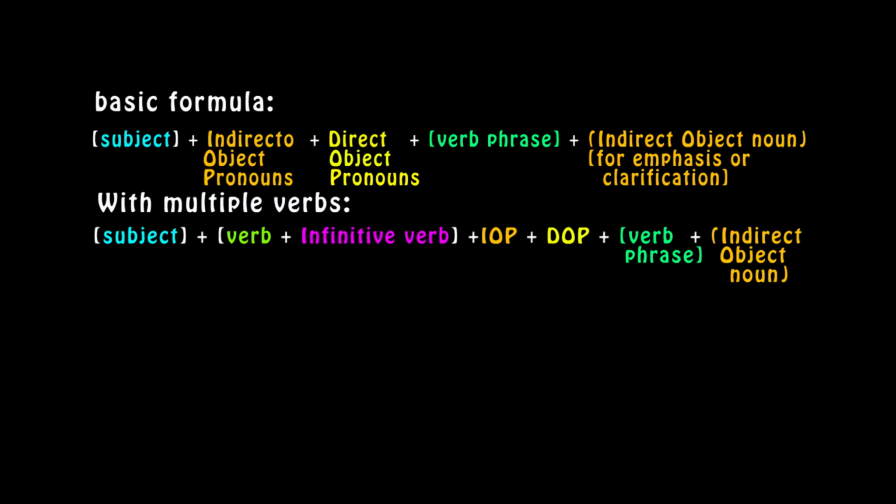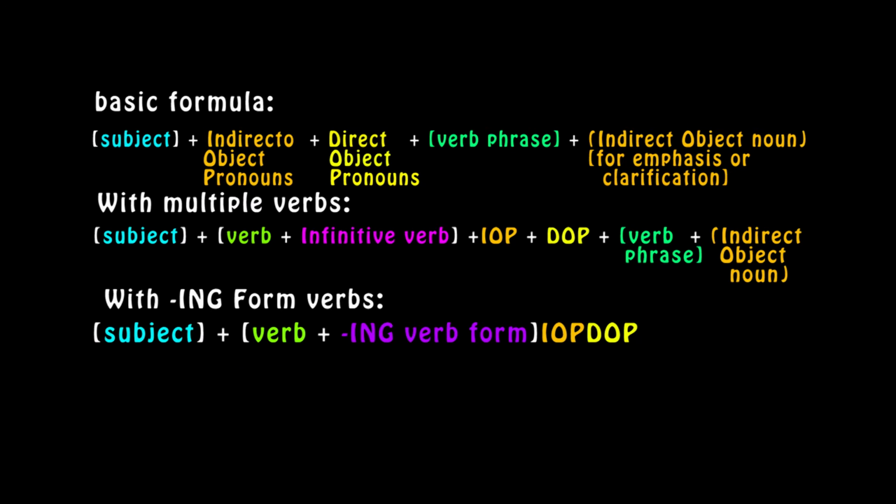With multiple verbs, we'll have the subject, then the verb that has been conjugated, followed by an infinitive verb to which you will attach the indirect object pronoun and the direct object pronoun, plus a verb phrase, and then followed by the indirect object noun for emphasis or clarification.